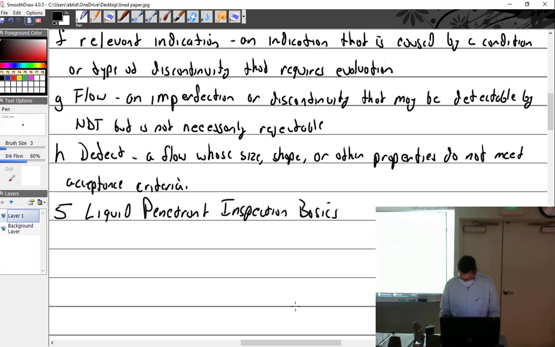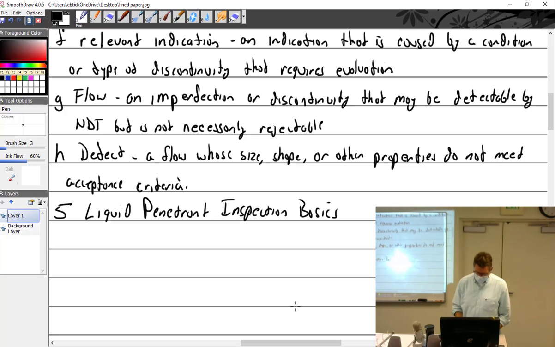All right, liquid penetrant basics. Liquid penetrant is a non-destructive testing method for locating surface discontinuities. So this is a big deal here.